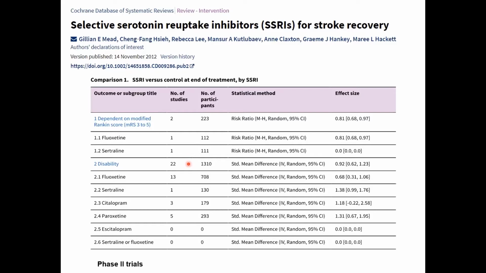So most of these clinical trials can be categorized as phase 2A or 2B trials. And then, as you can see here, the meta-analysis of the phase 2 studies shows some beneficial effect.